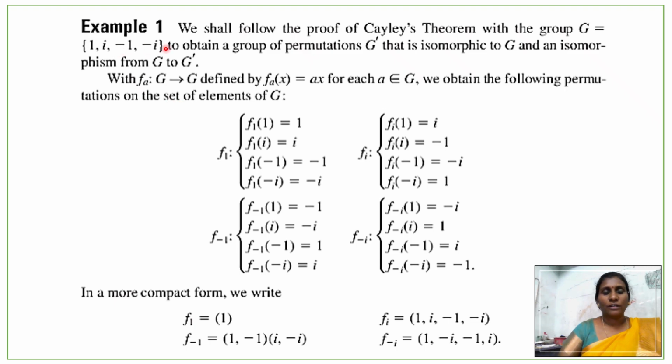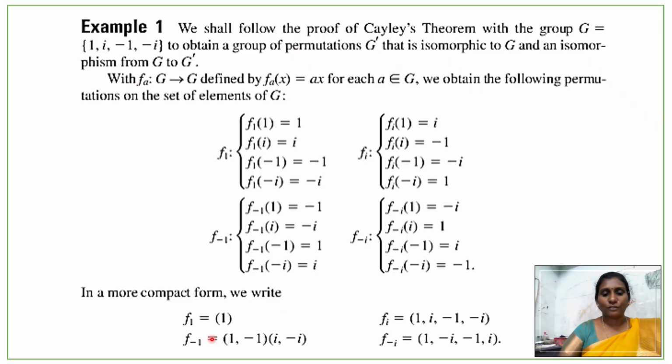We can see an example here which follows the proof of Cayley's theorem. Consider the group G equal to 1, i, minus 1 and minus i. The group of permutations G dash can be obtained by the following procedures. So f_1, f_i, f_minus1 and f_minus i are defined like this.